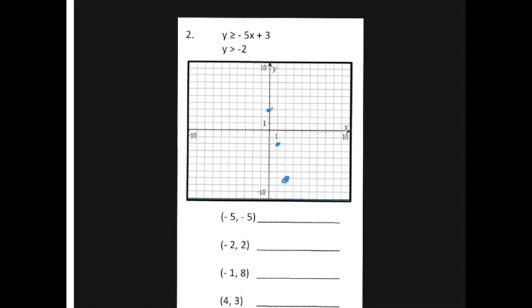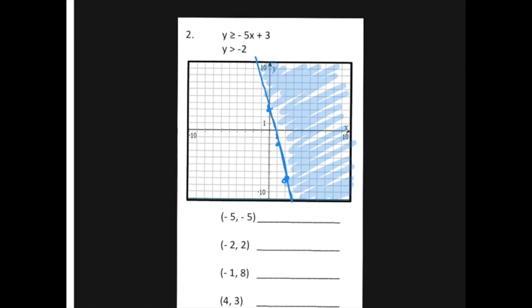Right there. So after doing that, I know that this was supposed to be a linear function, a solid line. And that it was shaded on top. So all this is the area that was shaded.